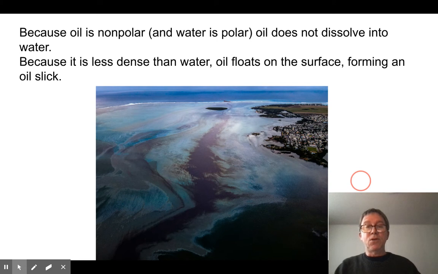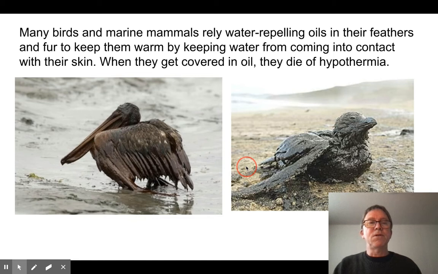So the oil does not dissolve into water. It doesn't dilute itself. It stays clumped together, and it's less dense than water, so it tends to float to the surface. Just like a salad dressing that's made out of oil and vinegar. Vinegar is basically water with some acid in it, and the oil floats on top. It's the exact same idea. And so you get this thing called an oil slick that can spread out for many square kilometers.